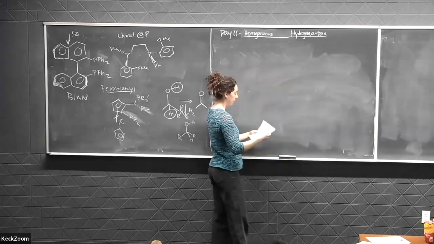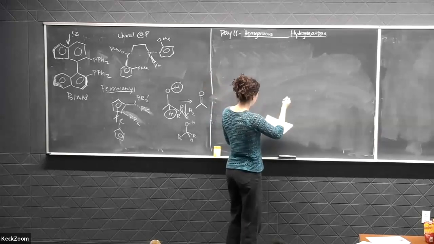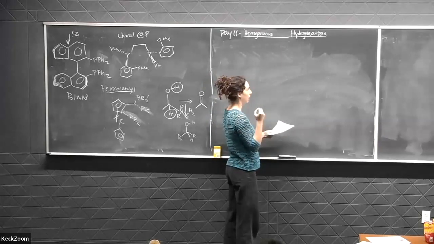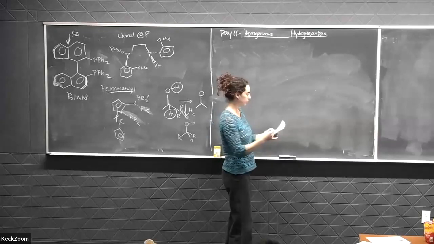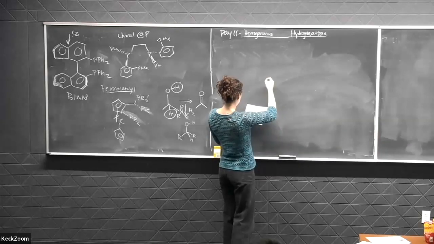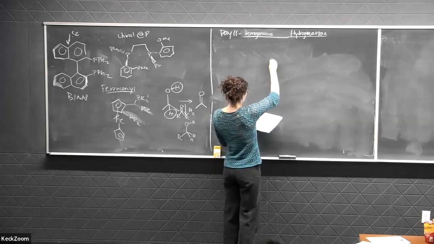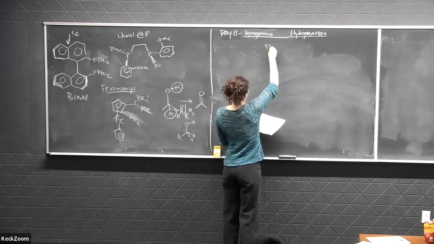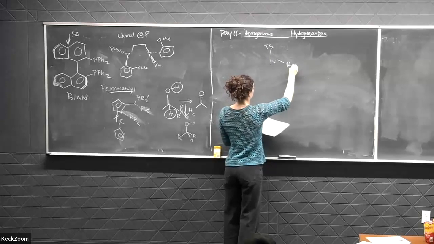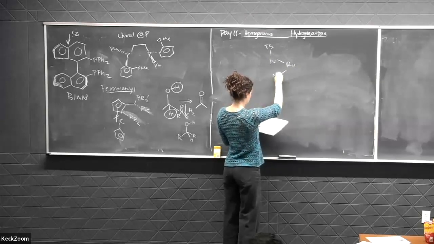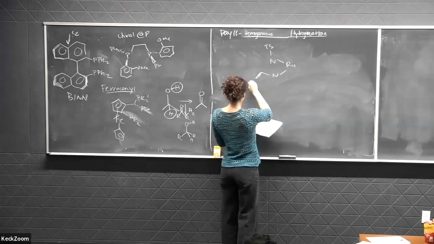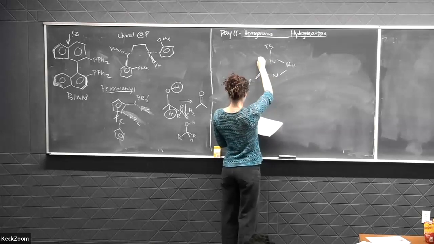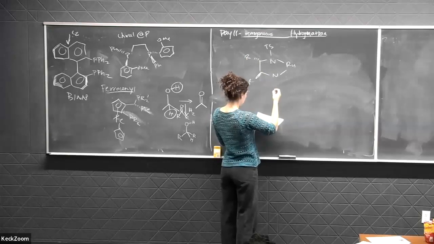In order to favor product here, this has to be run in solvent levels of the hydrogen atom donor. So one example is shown here.